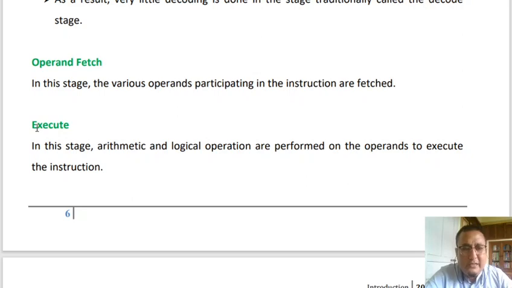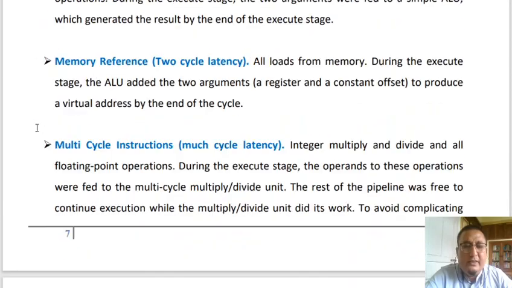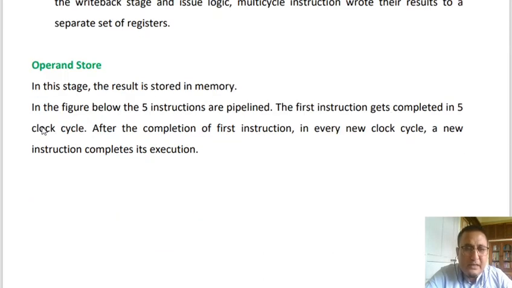Once the execution is over, we need to store the result of the operation to the memory location. So the fifth phase is operand store. These are the 5 important phases that we have in the pipelining architecture.